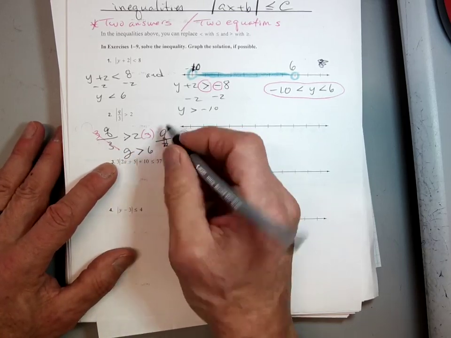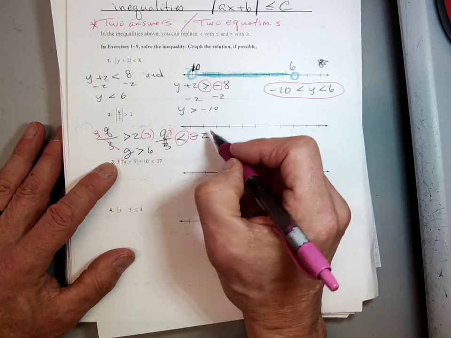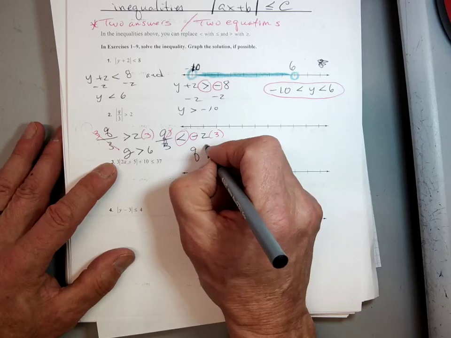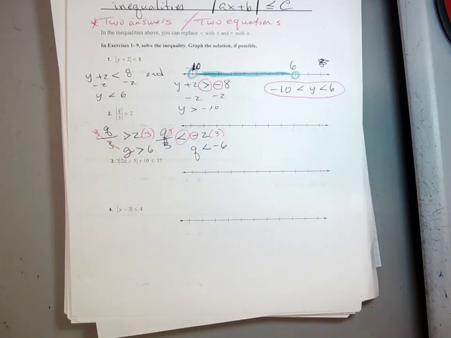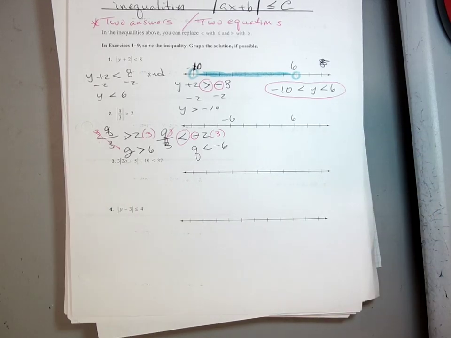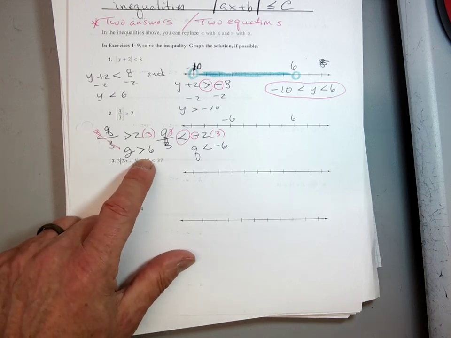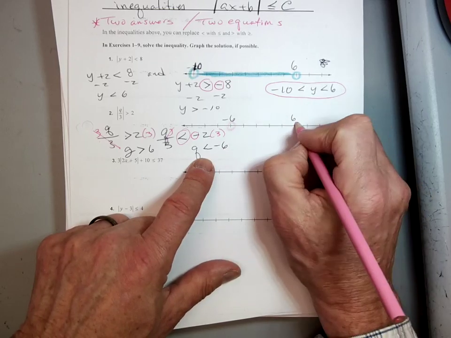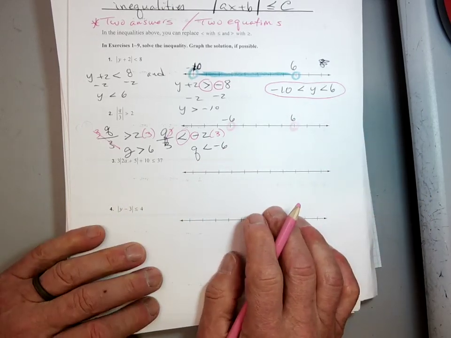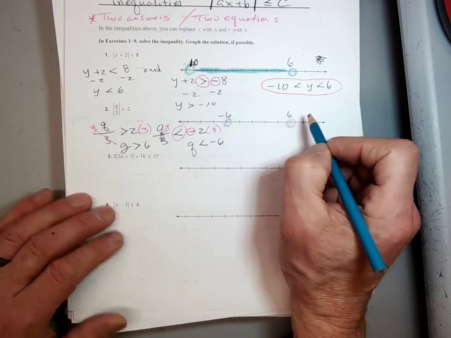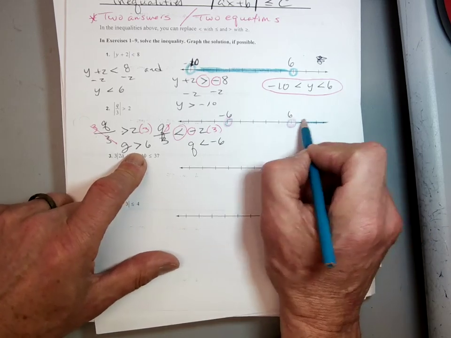And the same thing here. I'll multiply by 3, and I'll have q is less than negative 6. All right, let's put 6 here, negative 6, and 6, and 0 in between somewhere, right? I'm going to have an open circle at negative 6 and 6. Open circle, open circle. Oh, I'm going to use another color. One's easier to see. Open circle. And this says greater than 6, which is this direction.